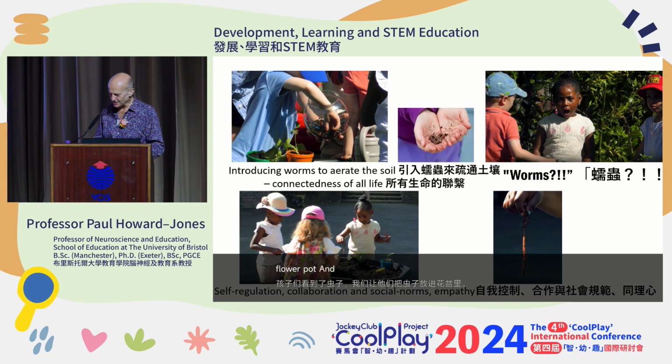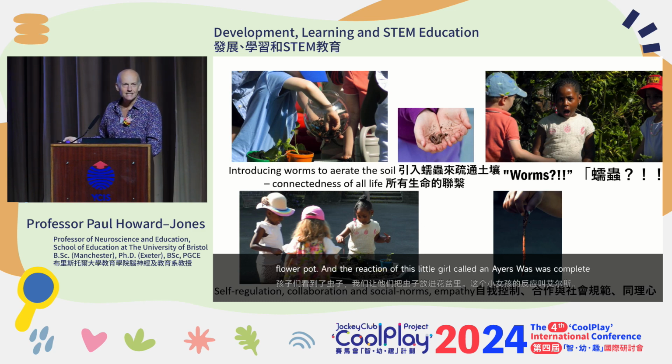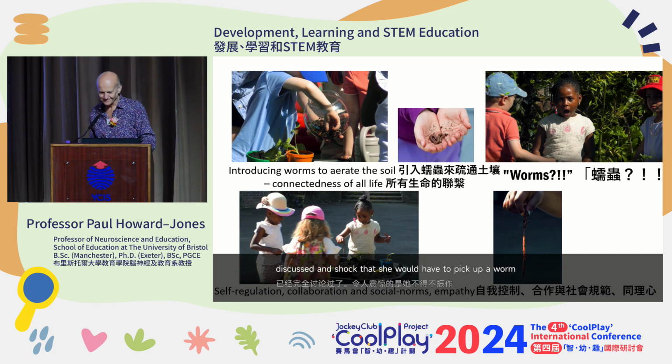And the reaction of this little girl called Anaya was complete disgust and shock that she would have to pick up a worm. And at first, she refused to do so.